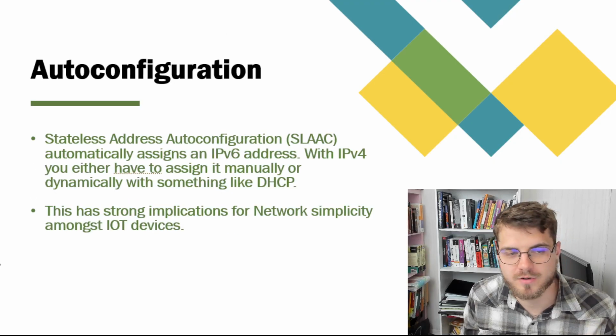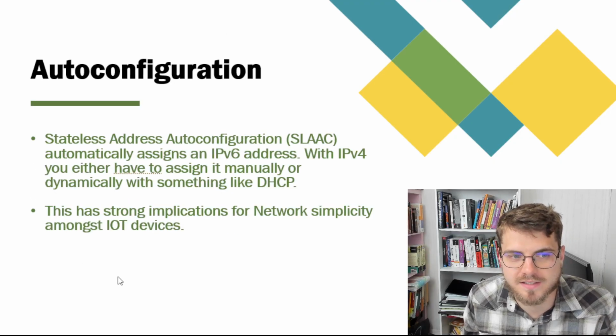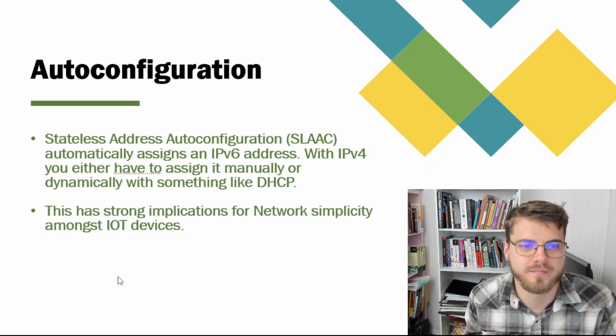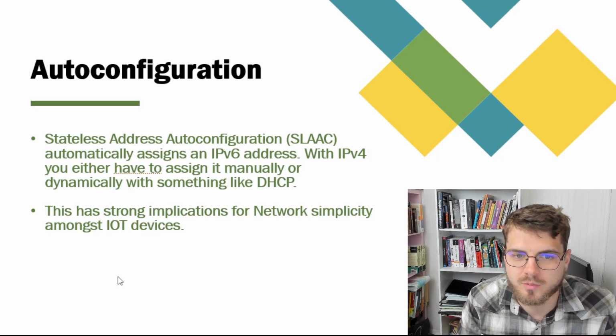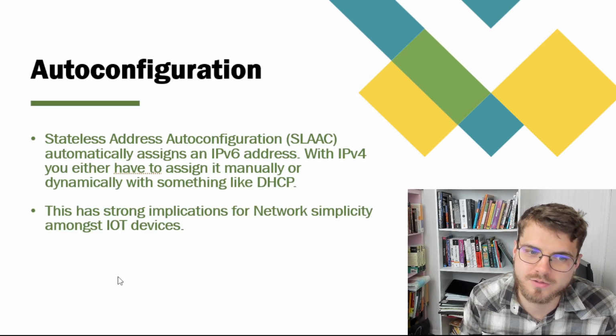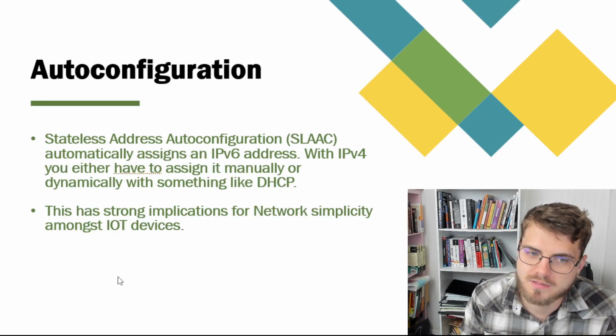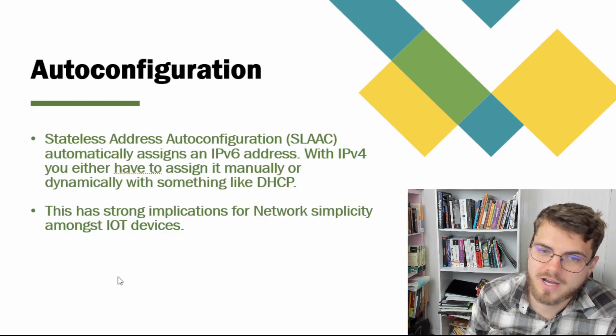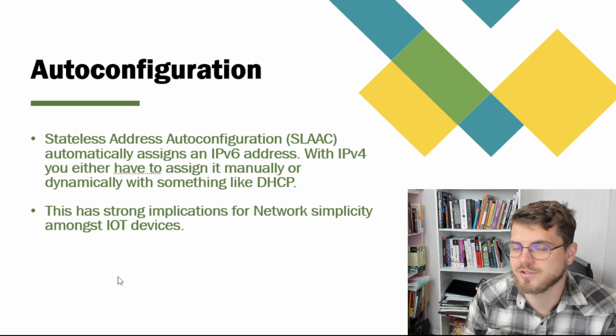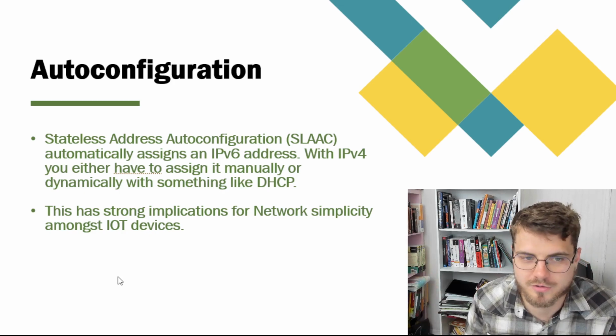So the auto configuration is SLAAC, or stateless address auto configuration, and it automatically assigns an IPv6 address. With IPv4, you either have to assign it manually or dynamically with something like DHCP. So yeah, when you turn on an IPv6 device, it just gives it an address.